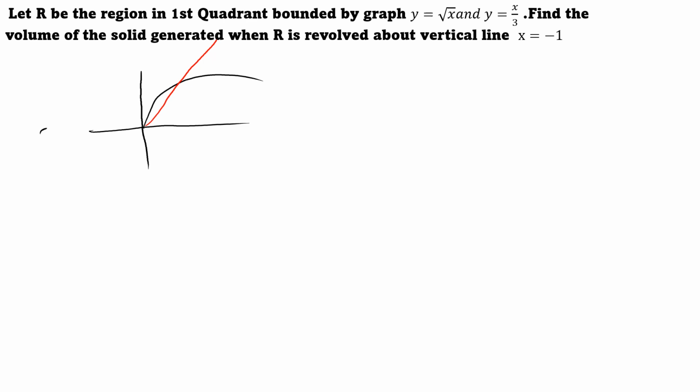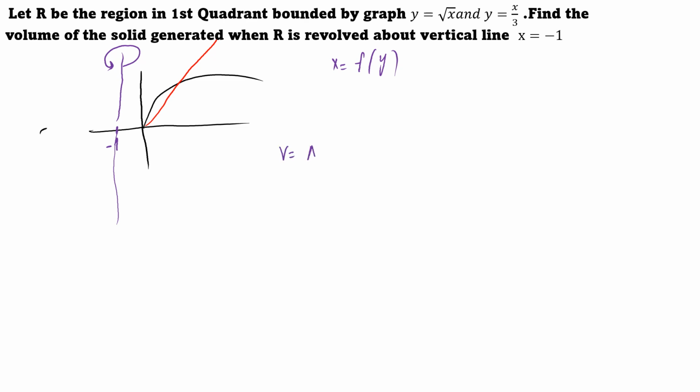Also they are saying that x equals negative 1. It means here is the negative 1, which is the axis of rotation in this case. It means that the graph will revolve like this along a vertical line. If it is revolving along the vertical line, the equation should be written in the form of x equals f of y.